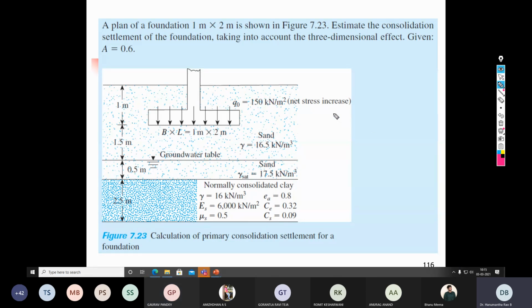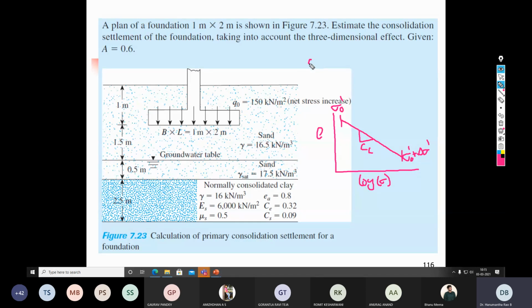Okay, I can show you. This is a normally consolidated soil. This is e versus log sigma, a single linear line. This is sigma naught dash, and this is sigma naught dash plus delta sigma. The slope is nothing but Cc, the compression index, in case of normally consolidated soil.